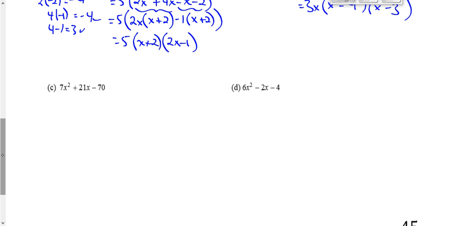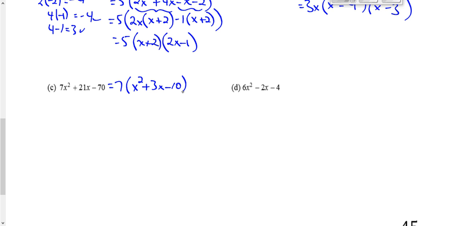Not always going to work that way, but what do you say it is there, Emily? 7 and then x plus 5 and x minus 2. Did anybody get that? She always does the final answer. Oh, right. It was 7x squared. So when you factor out the 7, that leaves you with x squared plus 3x.